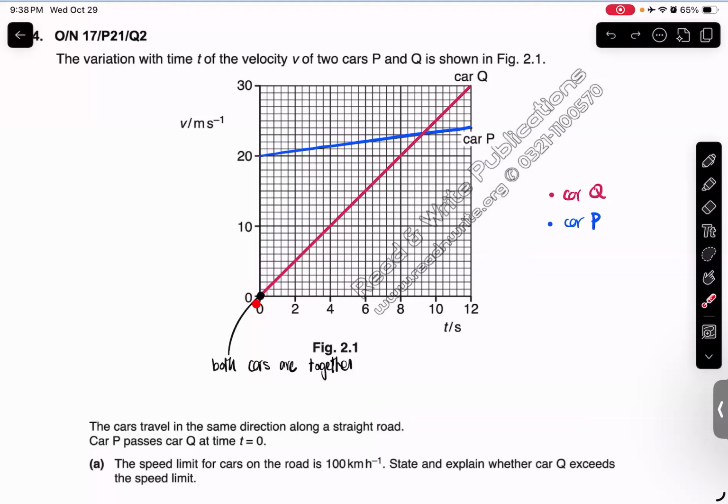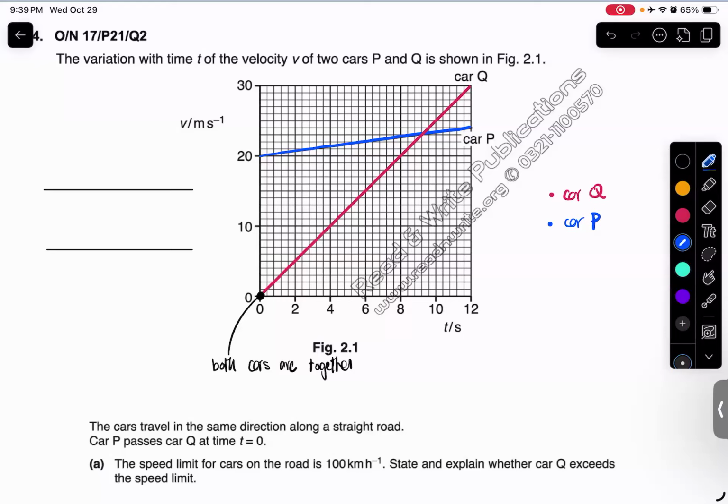It has zero velocity and then it starts to accelerate at a constant acceleration. Whereas car P was already moving at that point. So you could imagine a road like this. At t = 0, car P had 20 meters per second of speed, whereas car Q was at rest.